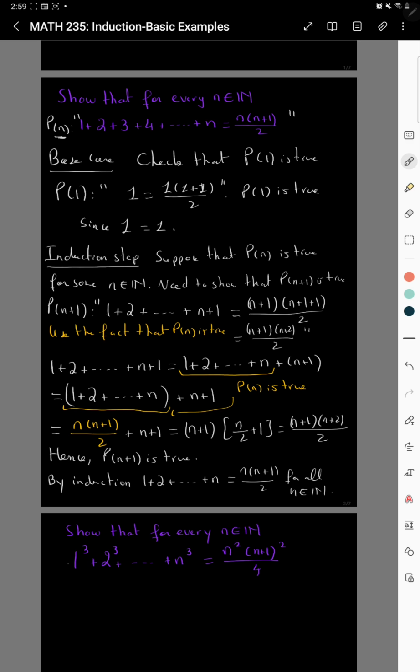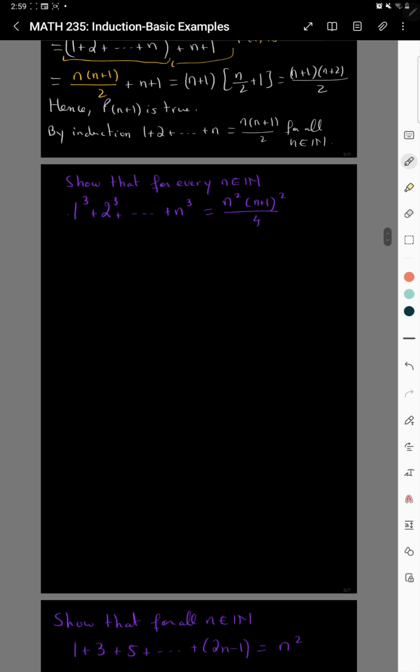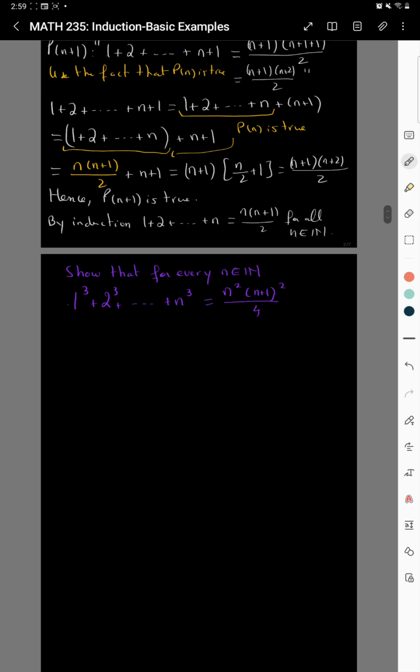Okay, now let us do another example, slightly more complicated, but not that much. Show that for every natural number n, the sum 1 cubed plus 2 cubed plus up to n cubed is equal to n squared times (n plus 1) squared over 4. Now let me call this statement P(n), and let's see what P(1) is.